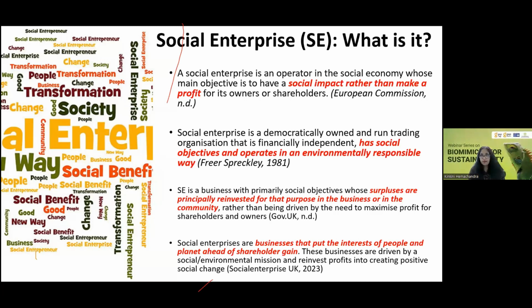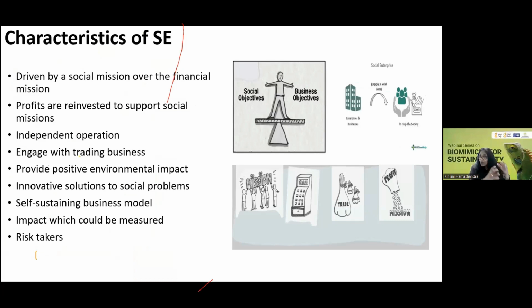In almost all these definitions, the things that I have highlighted here, social enterprise has the capacity to make a positive impact to the society rather than just sticking with the profit. And also they have the objective and operate in an environmentally responsible way. So that is why I'm saying that biomimicry can be well suited within the social enterprise compared to other business models.